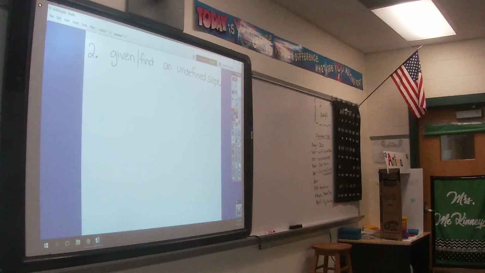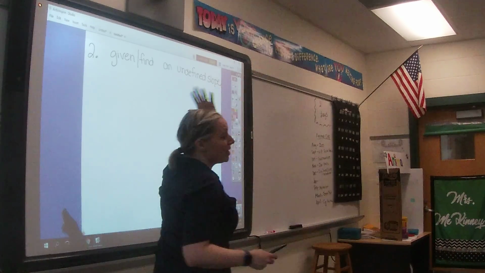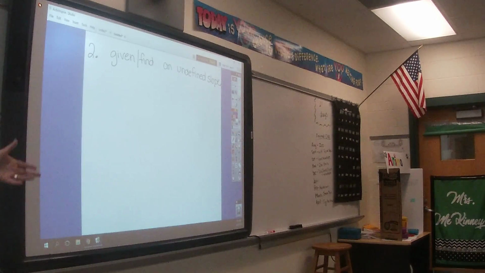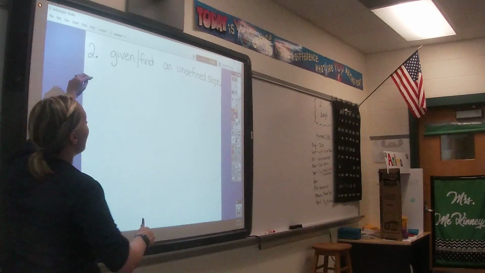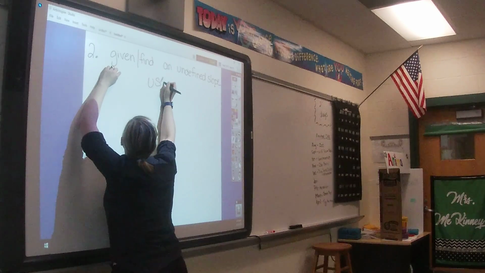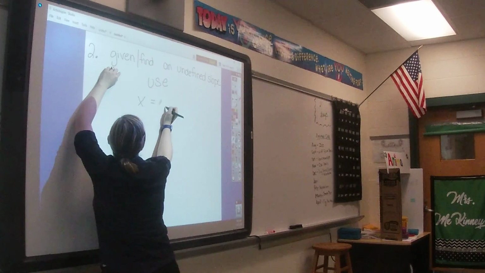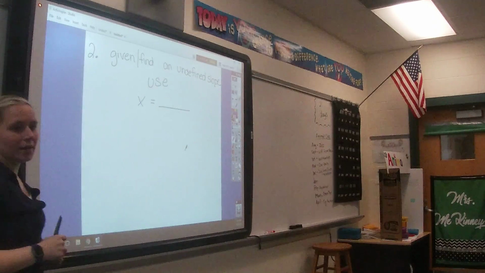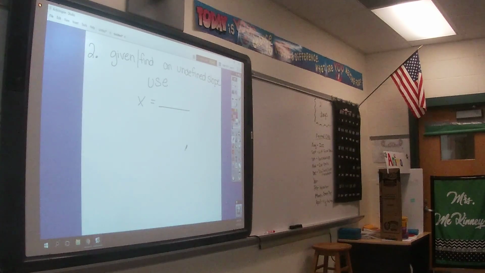Class, do we remember which way an undefined slope line goes? Is it vertical or is it our horizontal one? It's our vertical, excellent. So a vertical line is an x equals line. If we know that we have undefined slope, we are going to use x equals and then fill in a number. It's not an mx plus b, it literally is just x equals and then one number. That's what our vertical lines look like.